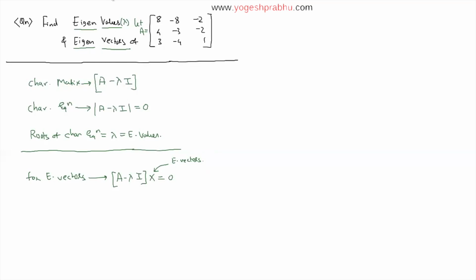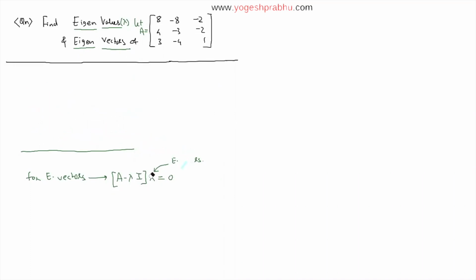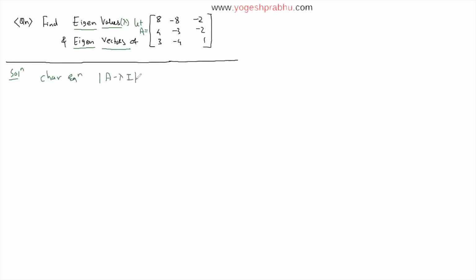We can clear up this page first and begin with the characteristic equation, or eigenvalues, of a problem, and then eventually find eigenvectors also. So let us start. The solution will begin with writing the characteristic equation, which, as I told you, is determinant of A minus lambda I equal to 0.